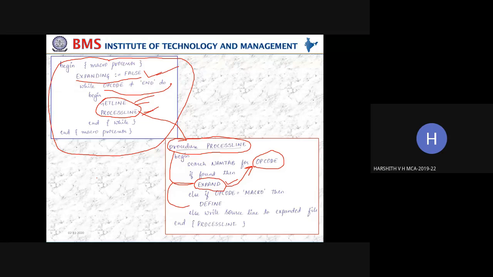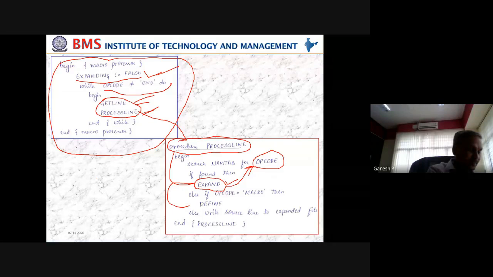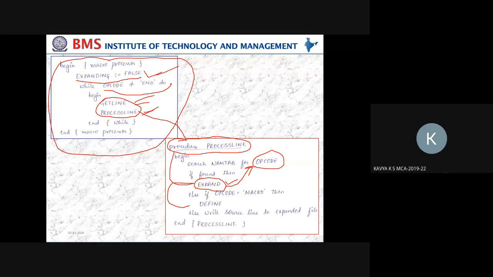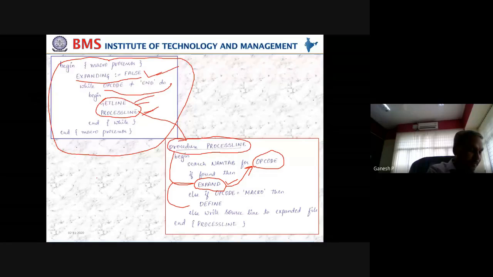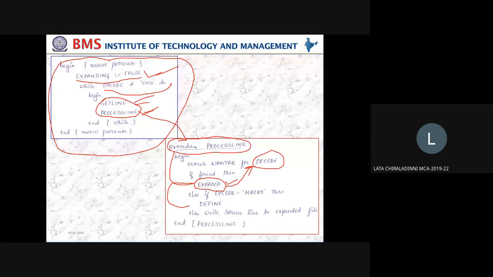Present, sir. Junjar Singh? Kavya? Present, sir. Kishore? Present, sir. Lata? Yes, sir. Manisha? Manjunath? Present, sir. Nayana? Present, sir. Nilanjan? Yes, sir. Nishant?